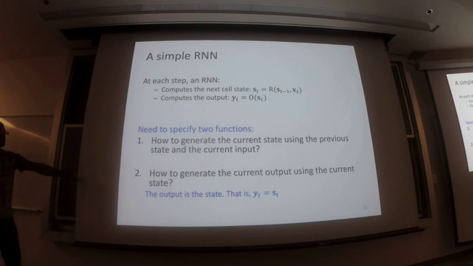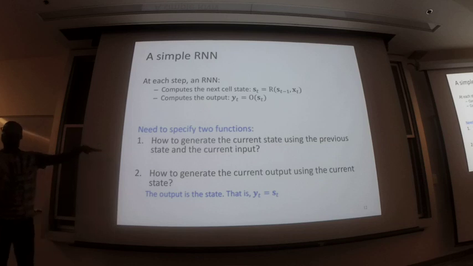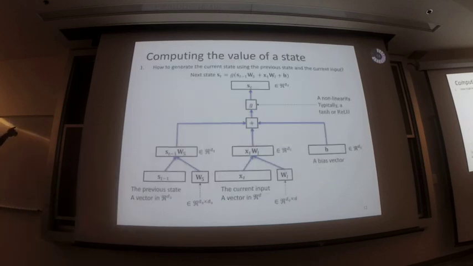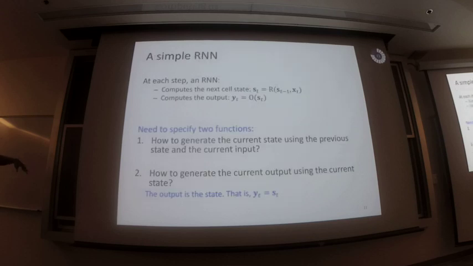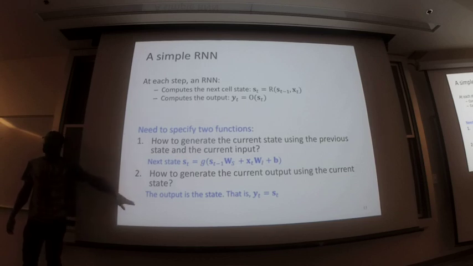And we already said that the output is the same as the state. So after you've done this computation here, what you get on top here is your output. It's not parameters. So this becomes our next cell state, and then this becomes our output.